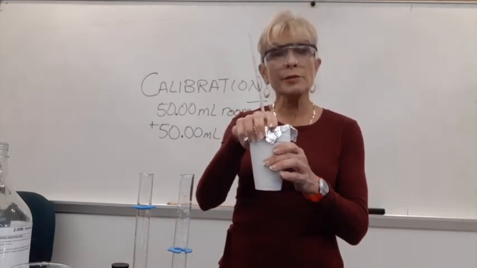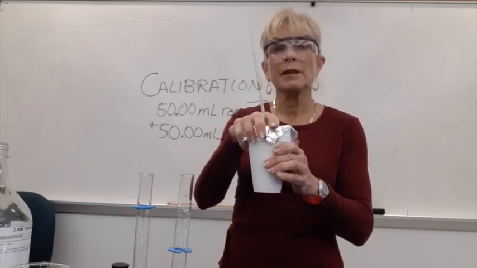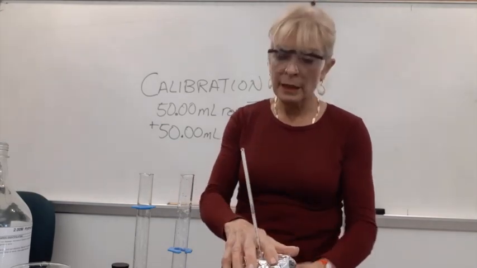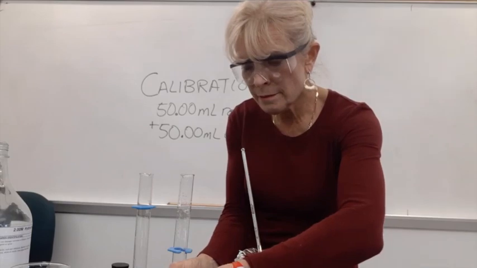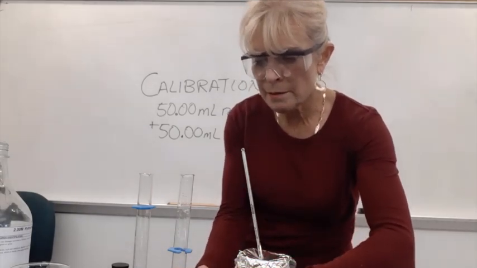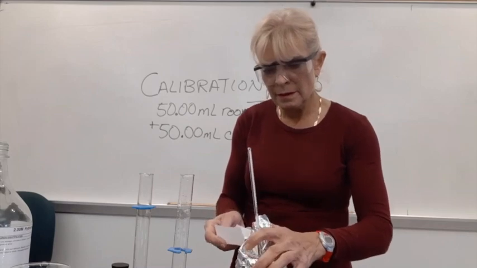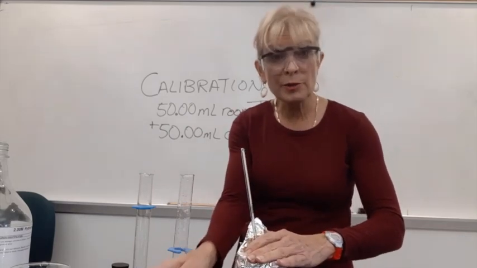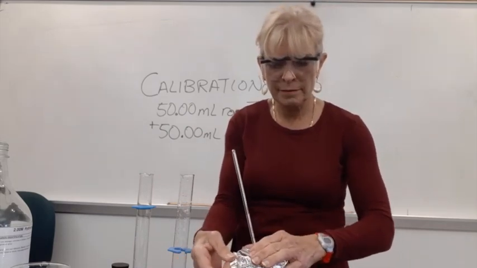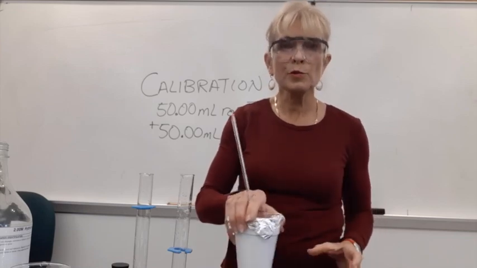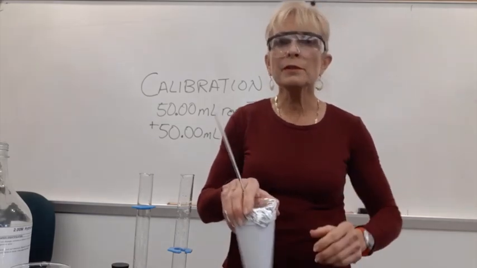Read the initial temperature of the liquid in the calorimeter. And then get ready. Slide in the measured amount of solid, and start swirling. Start the timer.